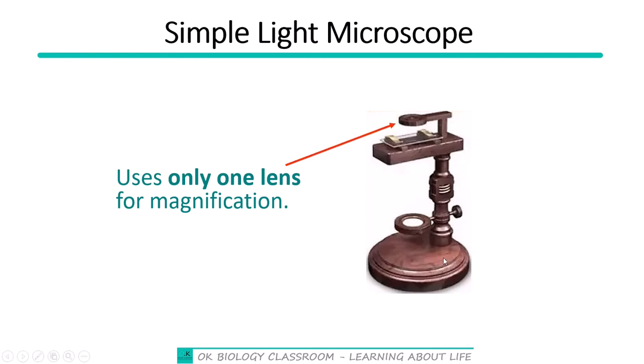So in this simple light microscope, the specimen is placed on this glass slide and it is viewed through this lens. It is only one lens for the magnification. So the specimen could be magnified about 200 to 300 times its size, and that is going to be done only by this lens. So that is why we refer to it as simple. And it uses normal light, and so it's light microscope.